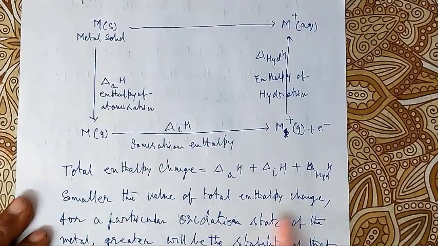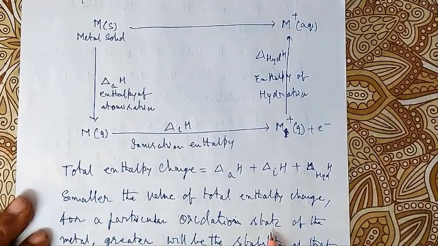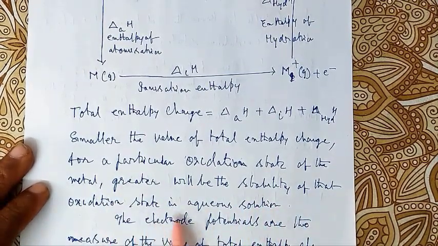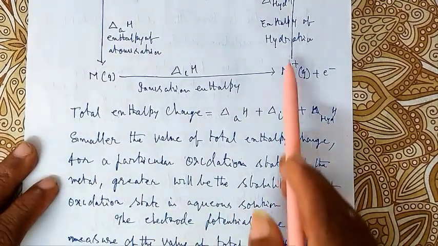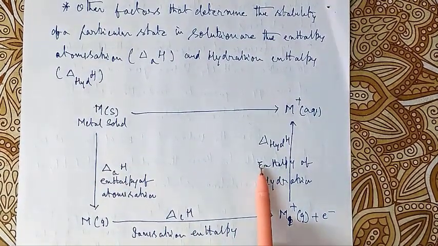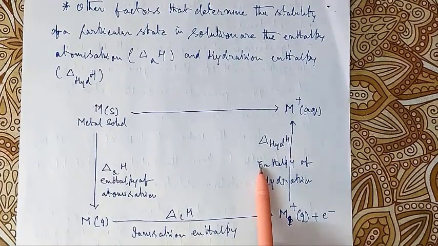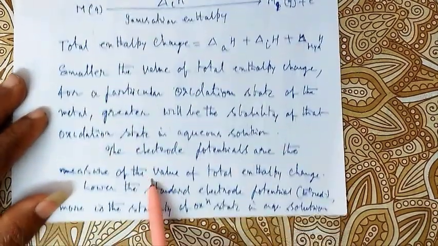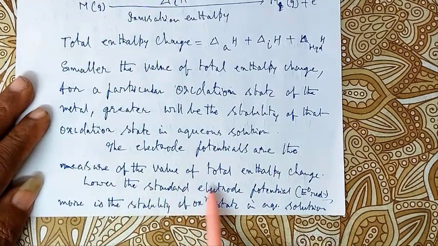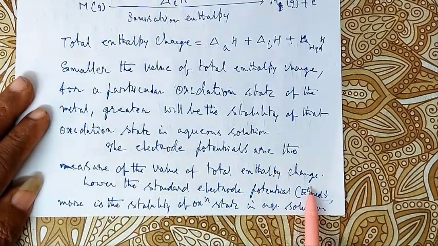The smaller the value of total enthalpy change for a particular oxidation state of the metal, the greater will be the stability of that oxidation state. That means if the sum of these 3 enthalpies is least, then the stability of a particular oxidation state is more. The electrode potentials are a measure of the values of total enthalpy change.